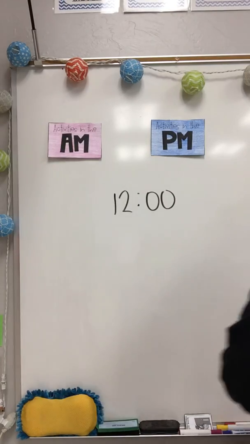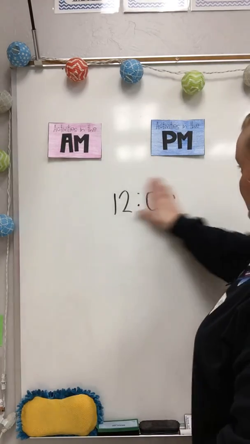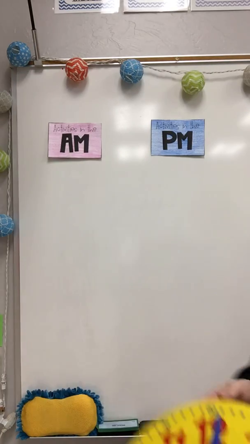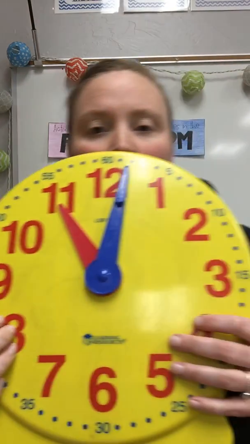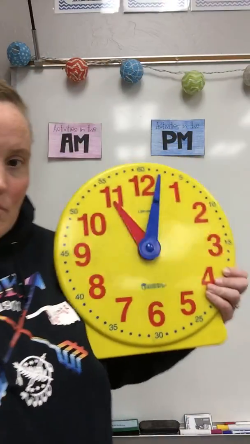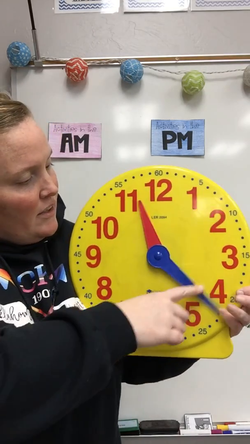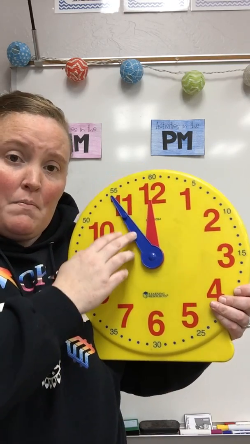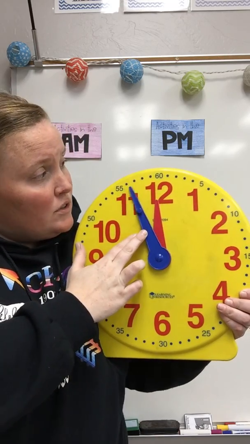Now the clock is a little bit different. So we remember that the hour hand is this little one. So it needs to be on the 12 for 12 o'clock. So let me get it up there. Okay, now where does this long hand go when it's o'clock, which means 0, 0? So it's got to go all the way up here too.